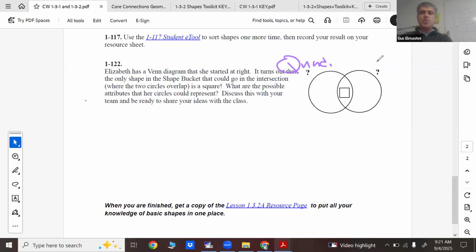Yeah, I agree. You said parallel sides, could be a rhombus, but it could be a rectangle too, right? All sides are parallel. So let's go through doing. Let's rephrase this.